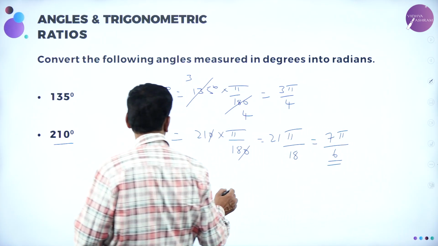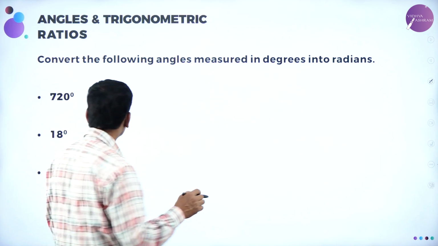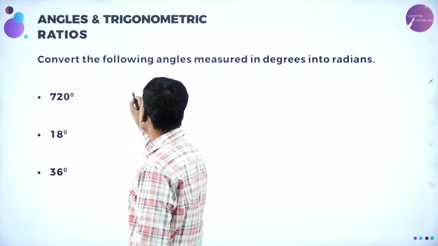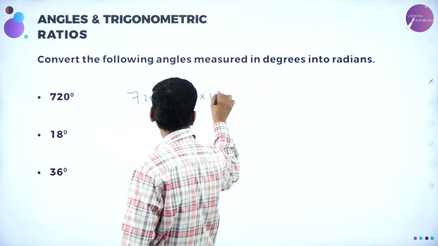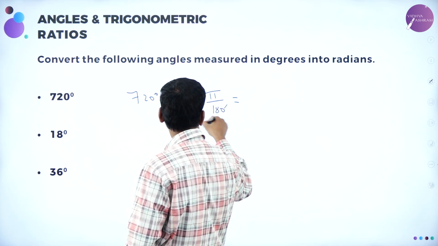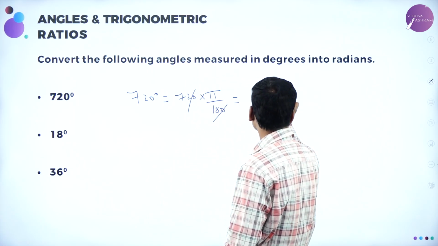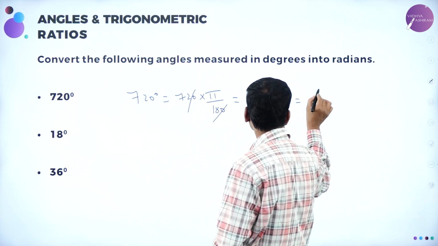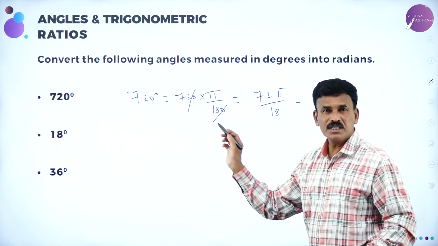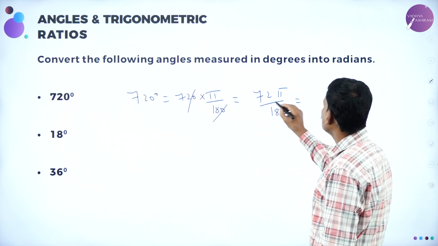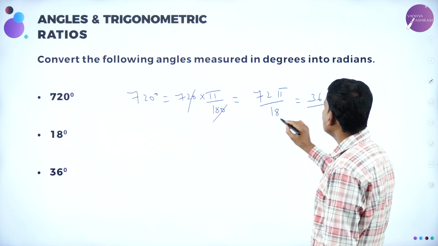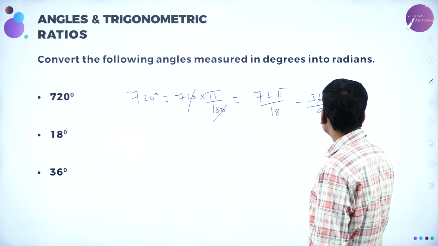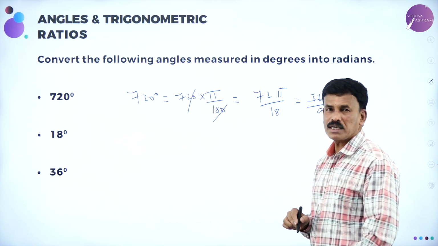For example, if you want to convert 720 degrees. 720 degrees is equal to 720 into pi by 180. That's 0 0 gets cancelled. 72 pi divided by 18. Divide it. So, you can divide by 2. If you divide by 2, 2 36s are 72, 2 9s are 18. 36 pi by 9.